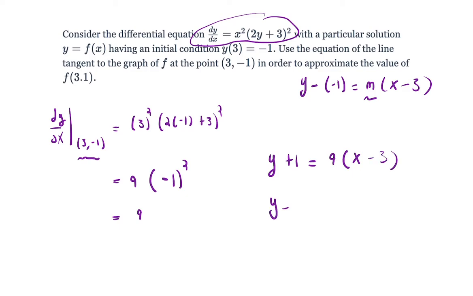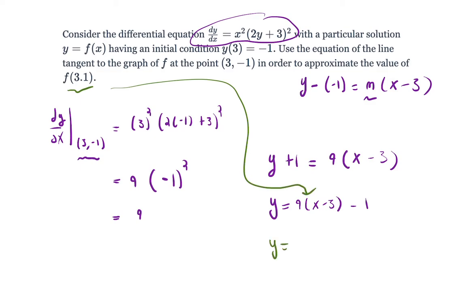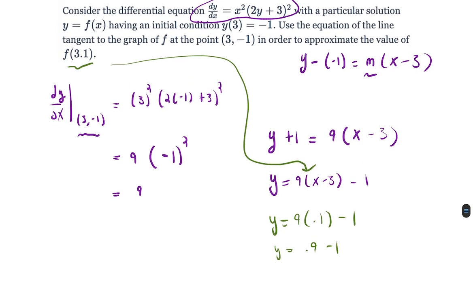So we could solve this for y. We could have y is equal to positive 9 times x minus 3 minus 1. Now remember, we don't actually want to distribute that yet because our life is actually made a lot easier by the fact that if you plug in 3.1 for x, we're going to have y equals 9 times 0.1 minus 1, y equals 0.9 minus 1, y is equal to negative 0.1.